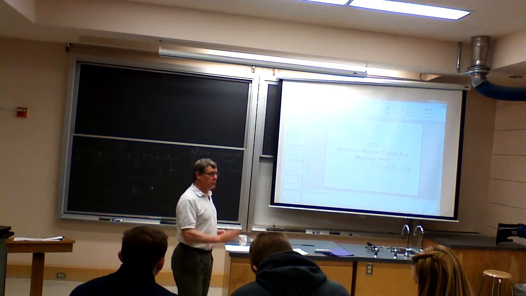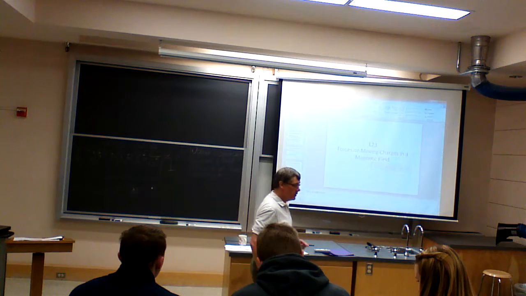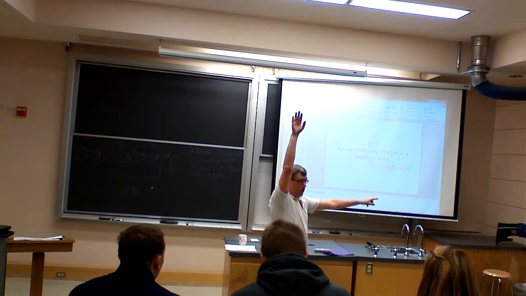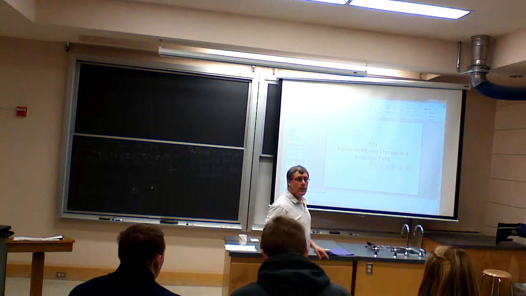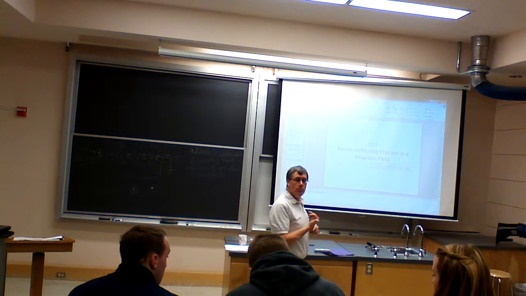So if the field is straight up, and I'm a positive charge moving in this direction, the force on me is not up, it's not forward, but it's at 90 degrees. It is going to be V cross B.